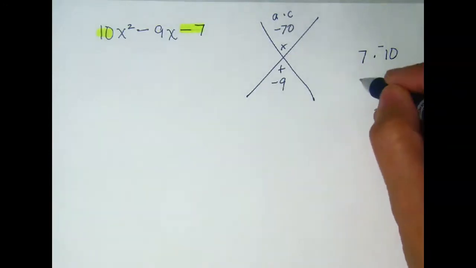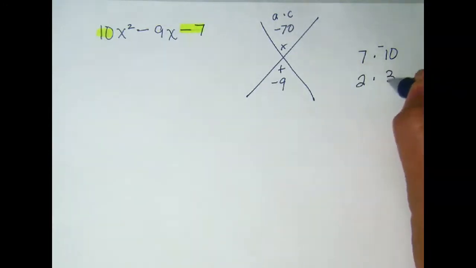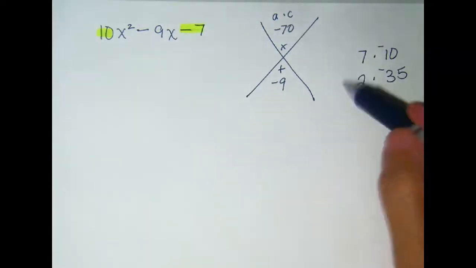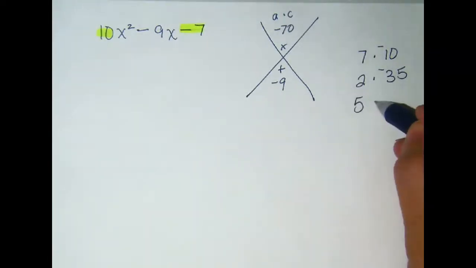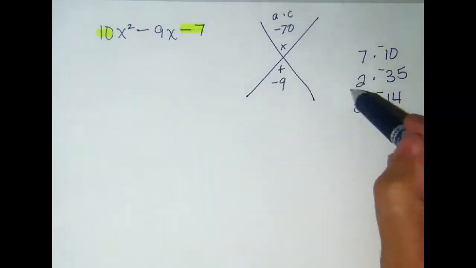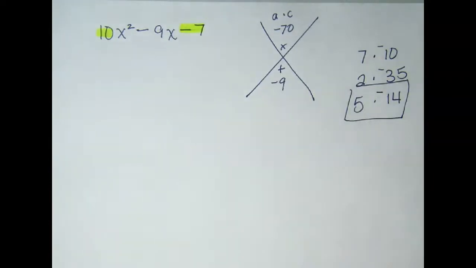I could do 2 times 35, and we know that won't work. I know it ends in 0, so how about trying 5? So 5 times 14, and the 14 negative. That's my winning pair. So if you can't think of the two numbers, just start listing factors. I could have even listed those factors in order.